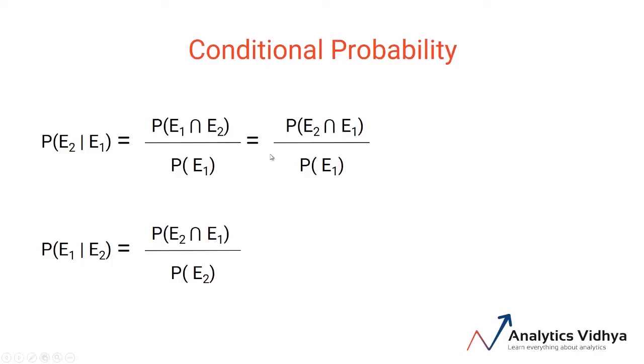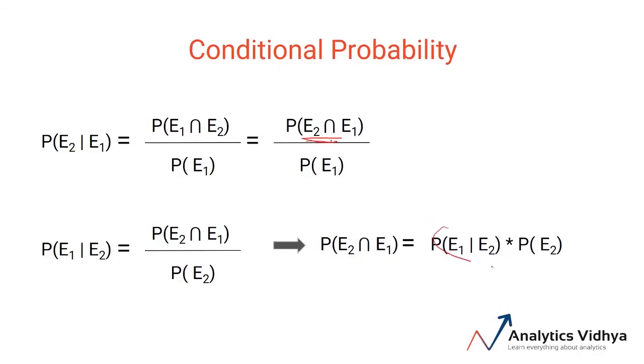Now to simplify this, we can determine the value of probability of E2 intersection E1 from the second formula here. So I can write this as probability of E1 given the condition E2 into the probability of event E2. So I'm going to replace this value with this value.